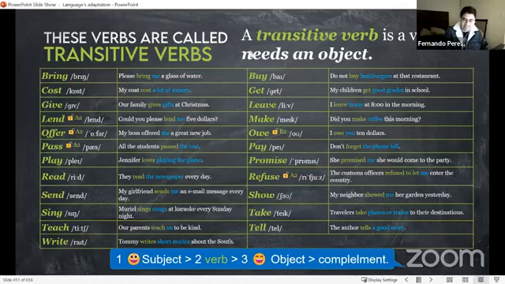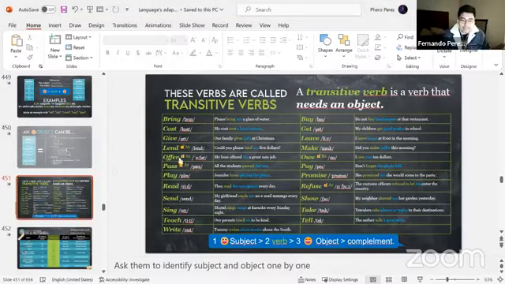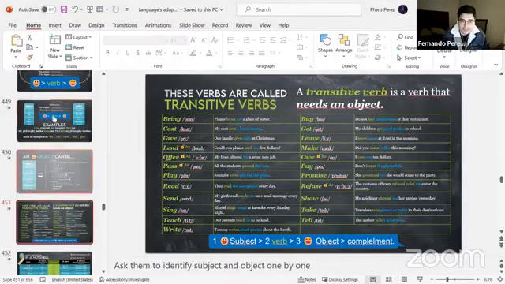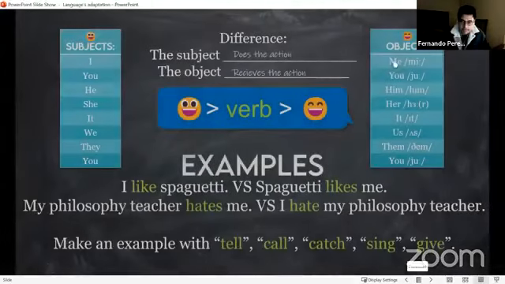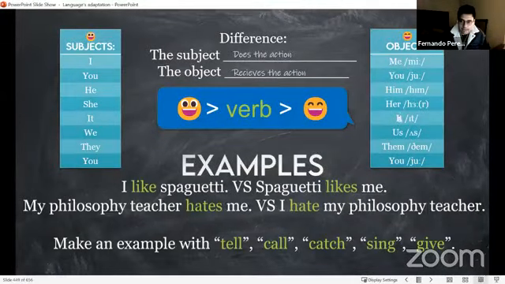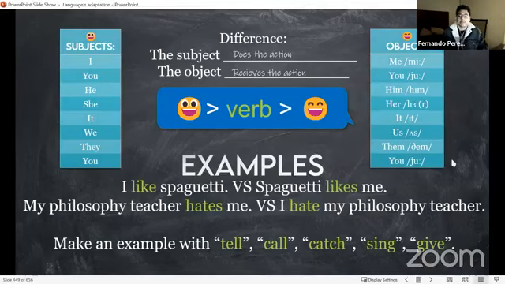So all these types of verbs are the verbs that need this object. This object is a secondary person. It can be me, you, him, her, it, us, them, and you. The verb told is a transitive verb. You see?